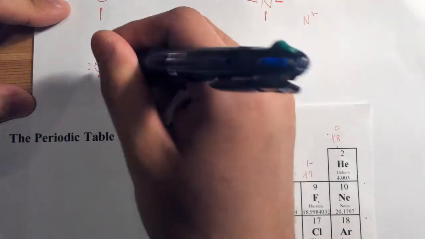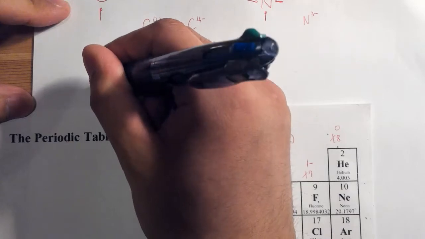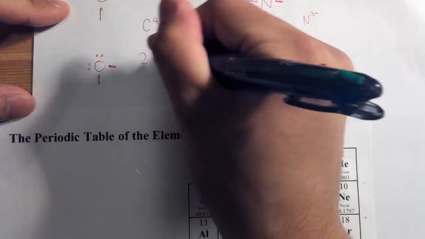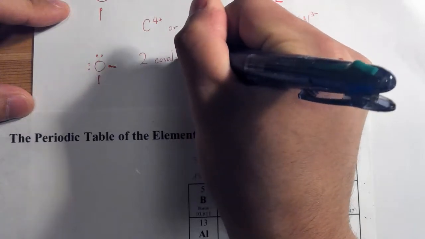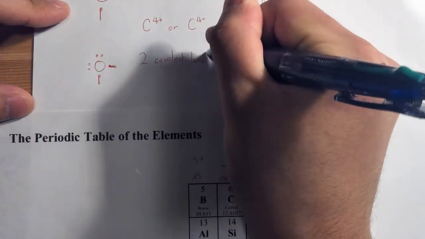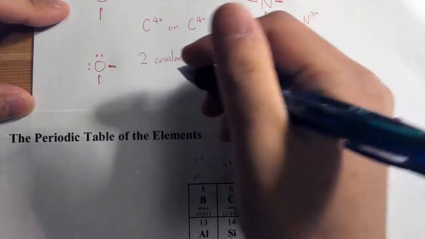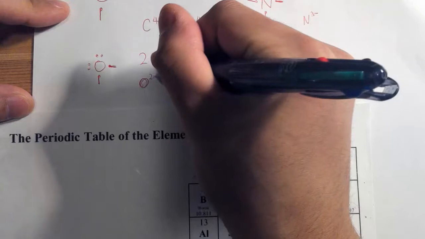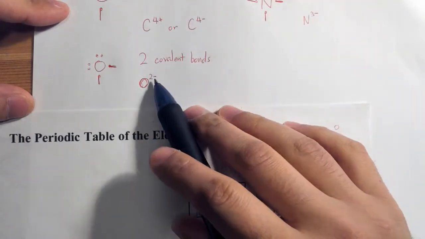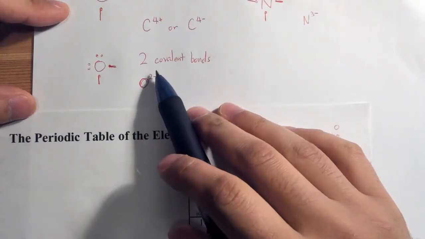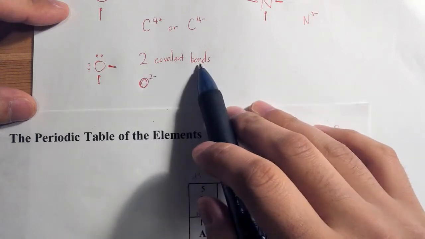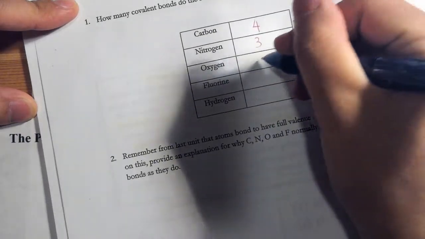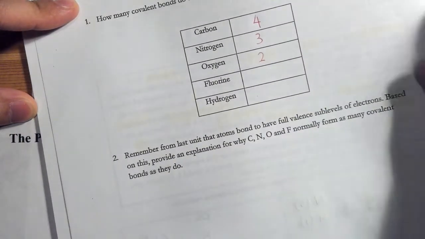So we would create a bond with this one, and then there's another one. So there are 2 covalent bonds we can create. I'm also going to put 2 minus for oxygen. That means 2 charges, which means there are going to be 2 covalent bonds. So I'm going to go back to the packet again and write down 2, so we can keep on track.